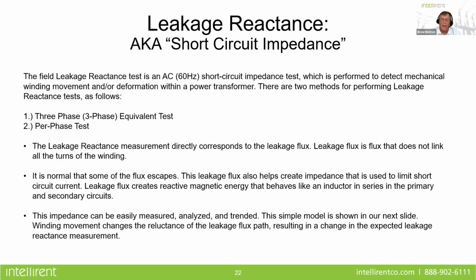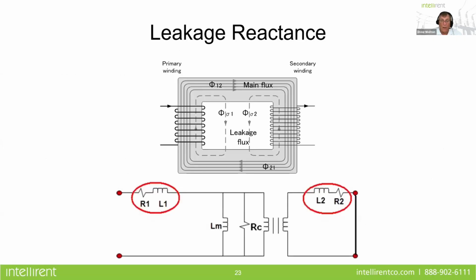Because we're going to have some normal leakage flux in a transformer, and this is measured in terms of the overall impedance of the transformer. So if we have a disruption in the windings itself, you're going to have more leakage flux, and this is going to be influenced by the impedance that we measure on the transformer. And this is just your simple diagram on how flux flows through the transformer.